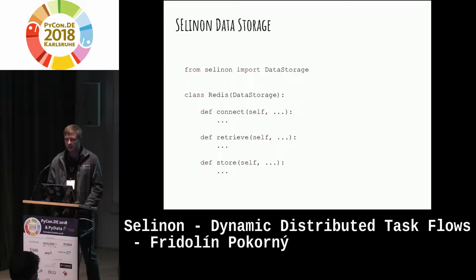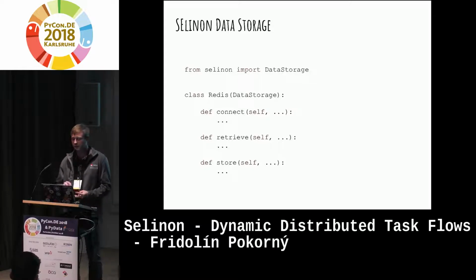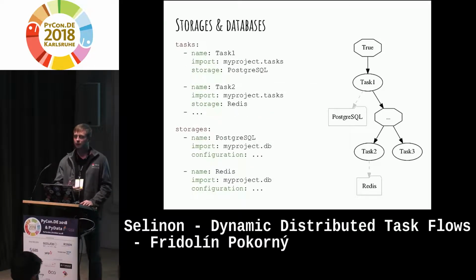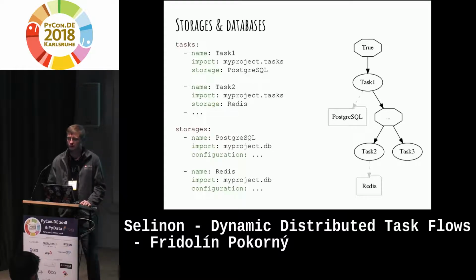By the way, Selinon comes with a pack of storage adapters. So you can directly use, for example, Redis, MongoDB, Amazon S3, or, I don't know, Postgres that is also supported. Once we implement this adapter, we state it in the YAML configuration file under the storages section.